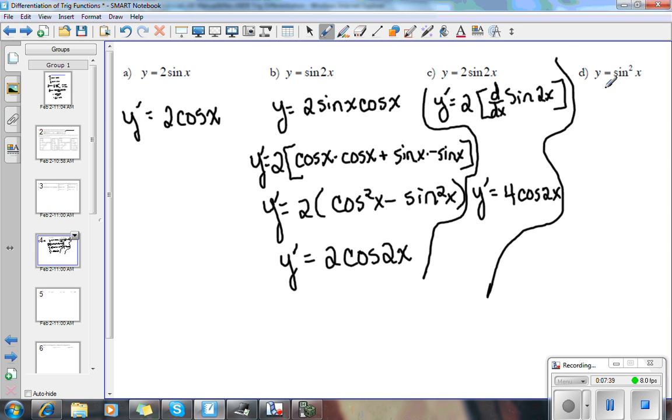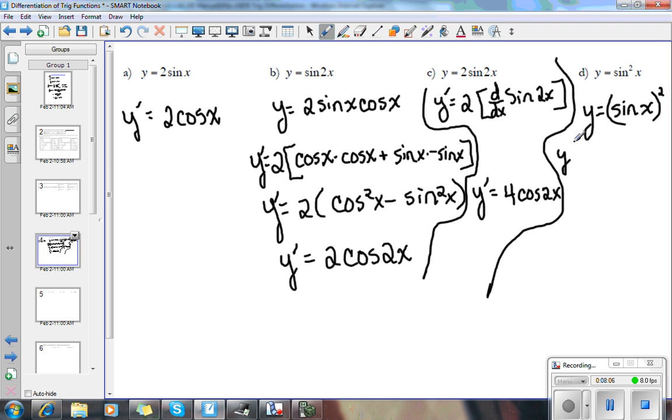All right, now on this next one, remember that sine squared x, think of it this way. It's sine x squared. And so anytime you have a trig function raised to a power like that, you probably are going to want to rewrite it this way because it's easier to think about it. You've got the chain rule situation going on here because we have an outside function, which is something squared, and we have an inside function, which is sine x.